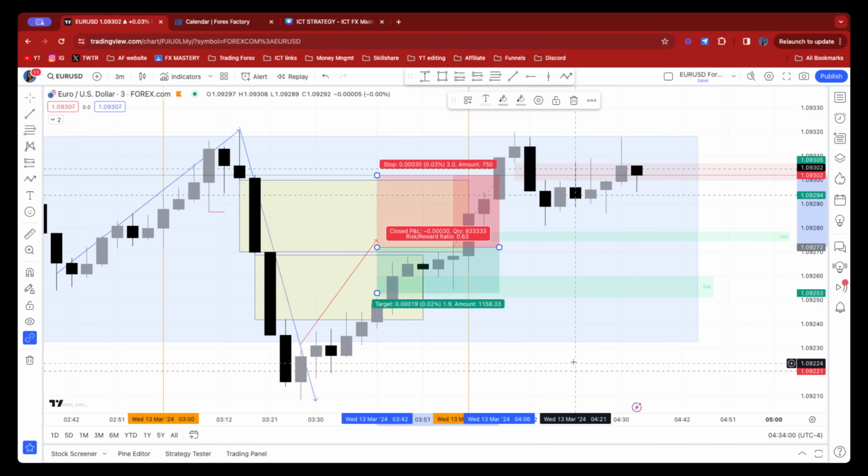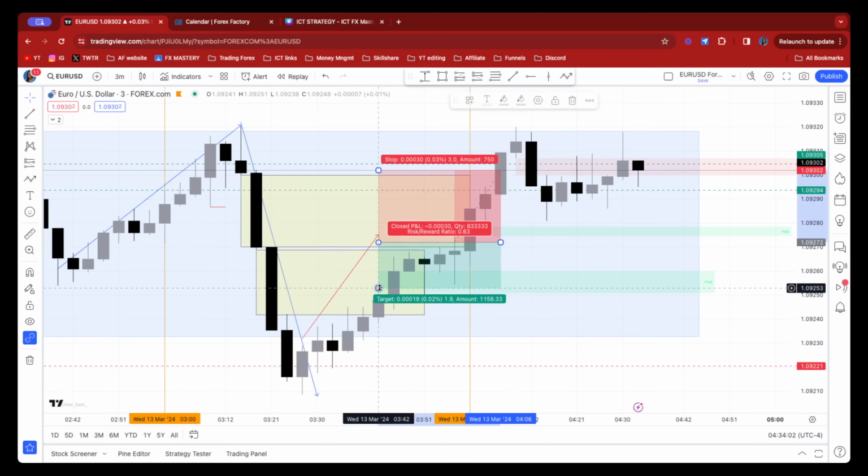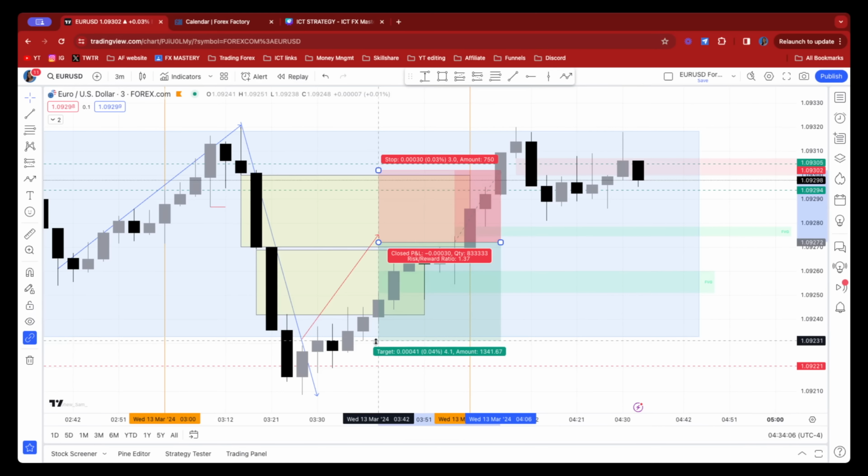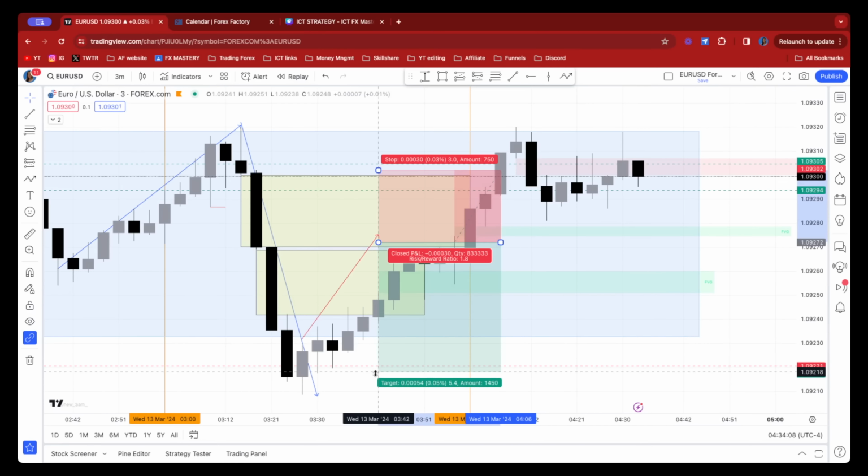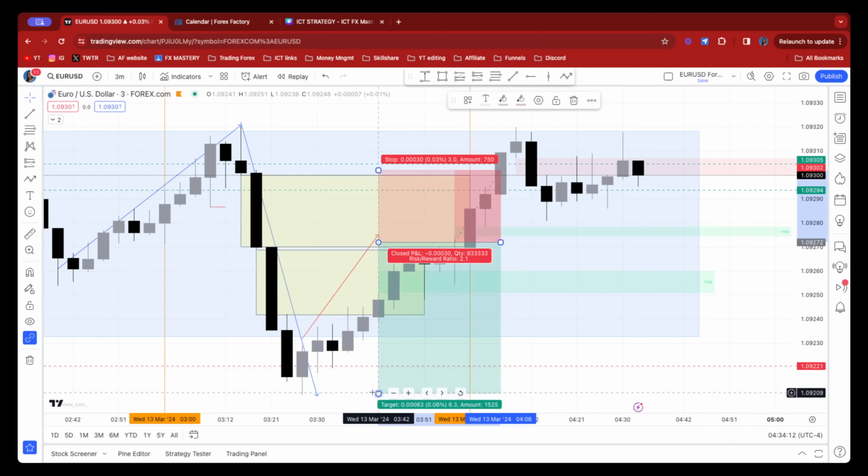Where do you place your take profit? You're going to place your take profit on the previous low. And if the previous low was here, we would have placed it here. If the previous low is here, we would have placed it here. So to the previous level of liquidity.